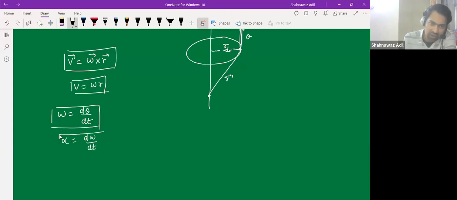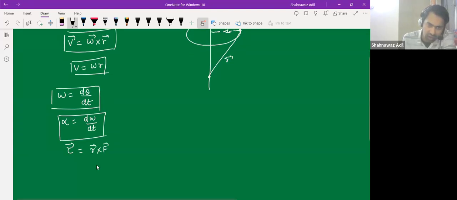And then we talked about the torque, right? So this was the rotational analog of force, and this was r cross F, which is r perpendicular into F, right? So r perpendicular was r sine theta, right?